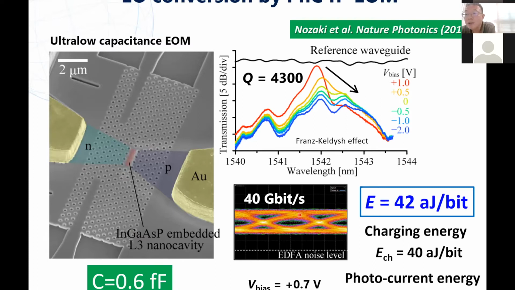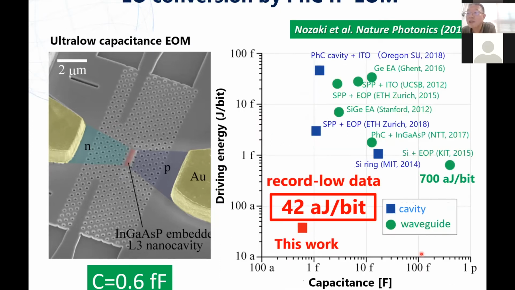The most important point is that the consumption energy is as small as 42 attojoule per bit. This value is actually 1 or 2 orders of magnitude smaller than that of previous EO modulators. This is primarily due to the small capacitance.